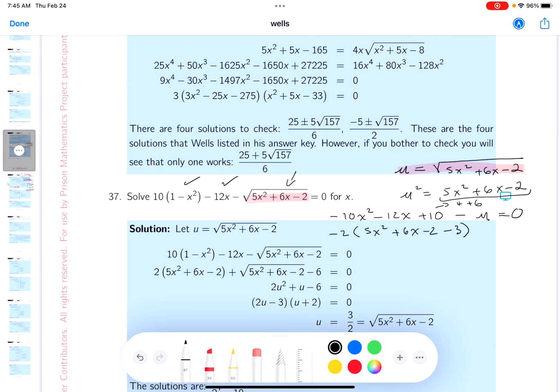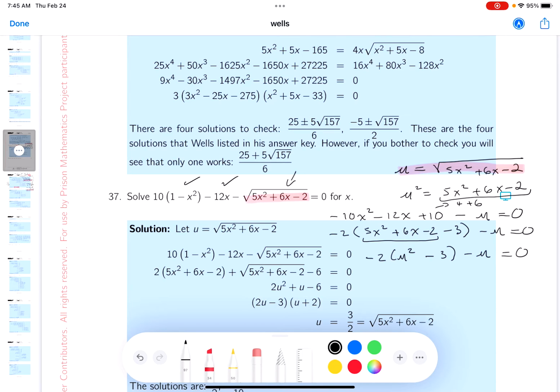All right? Minus u equals 0. Well, I'm kind of seeing this now, right? And what's this guy over here? That's u squared. Let me write that down for you. Minus 2u squared minus 3 minus u equals 0. Gotta keep going.